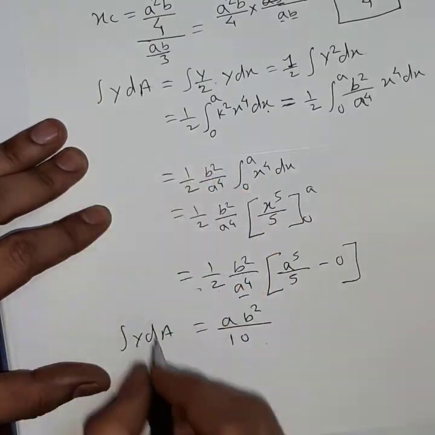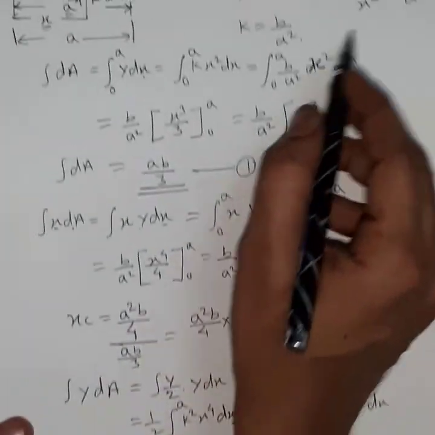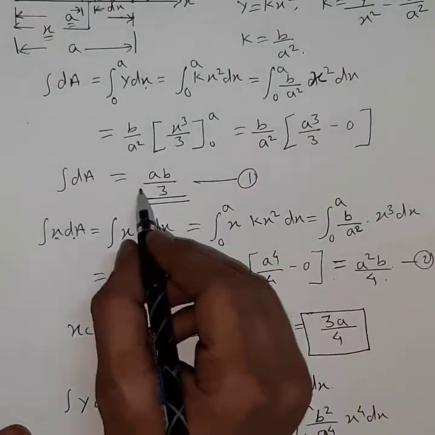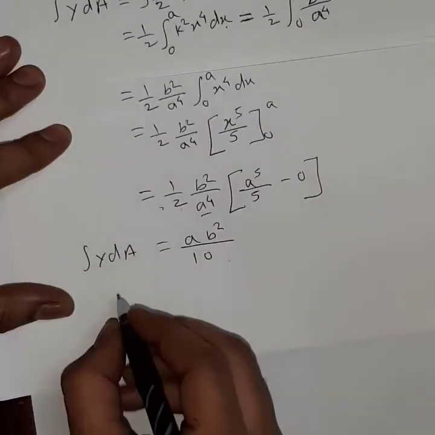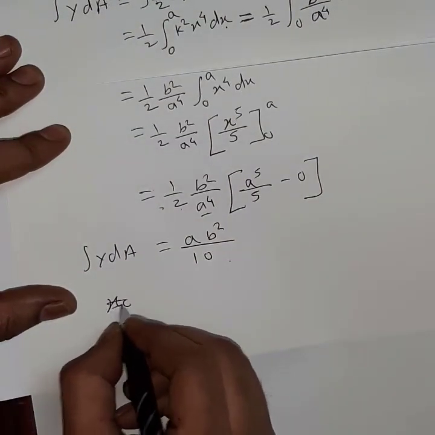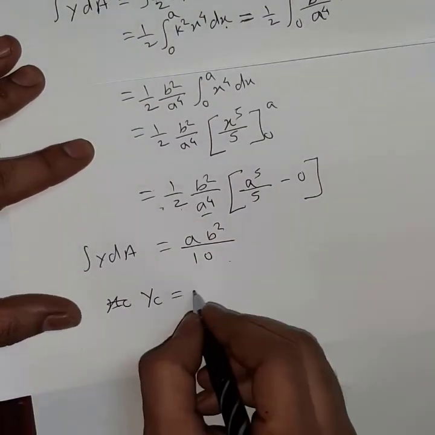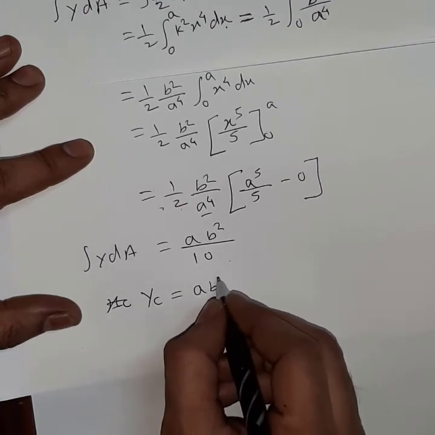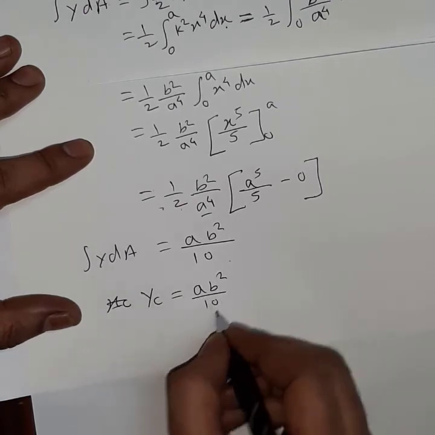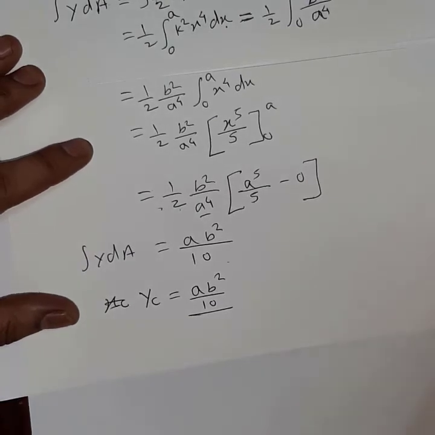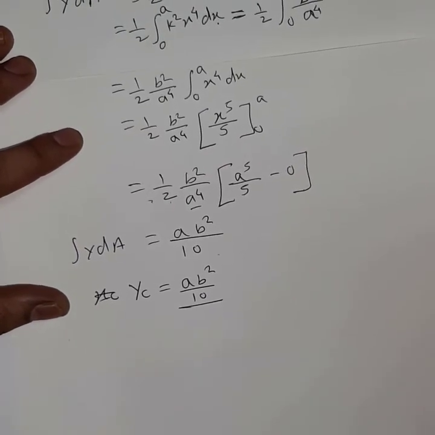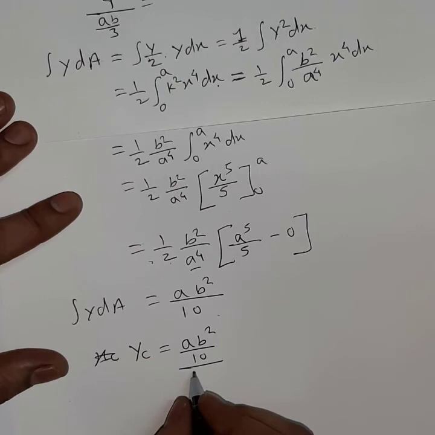Again, by dividing this value by equation number 1, integration dA, we get yc. Therefore the value of yc will be a b square by 10 divided by dA, which is ab by 3.